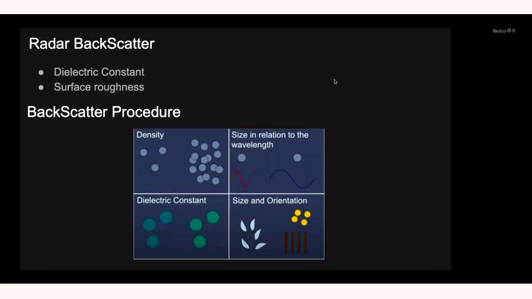So it means a surface will appear rougher as the wavelength gets shorter, and smoother as the wavelength gets longer. A rough surface will appear light in tone, while a smooth surface will appear dark in the SAR image. Let's not forget the dielectric constant, which is also an indicator of conductivity and determines the intensity of a reflected signal.